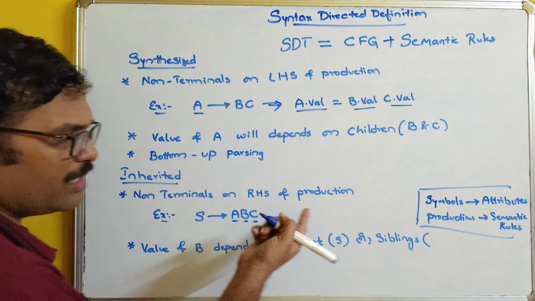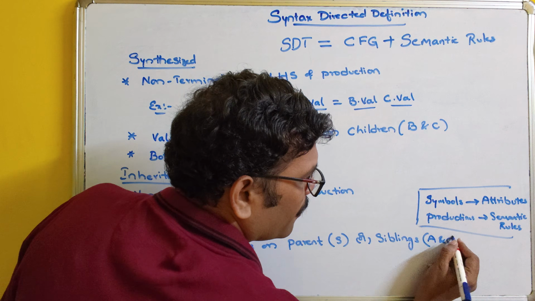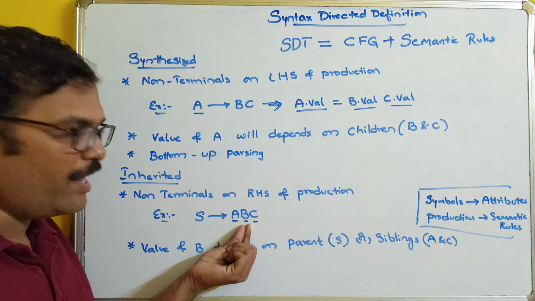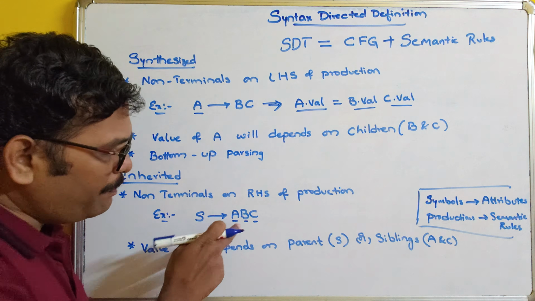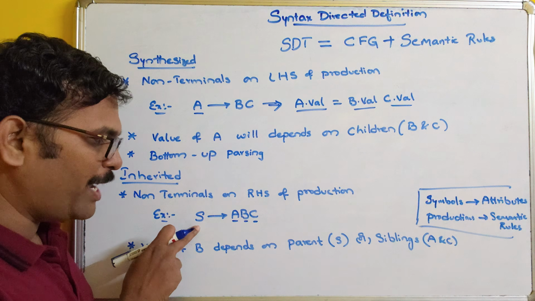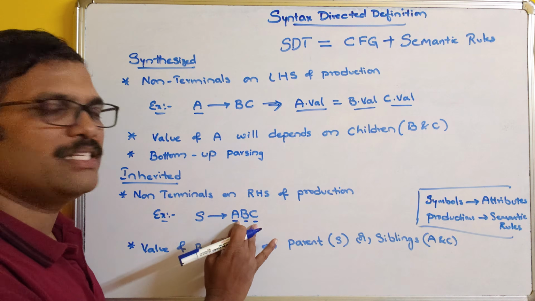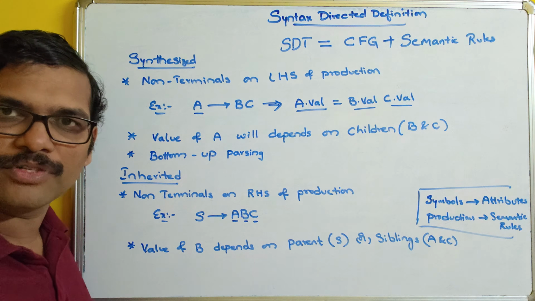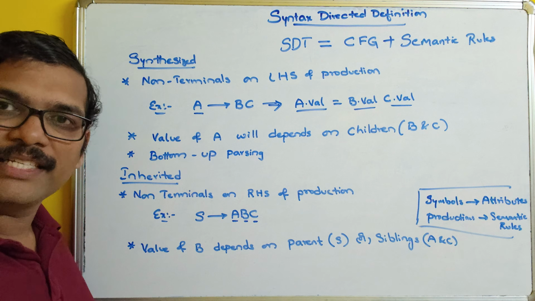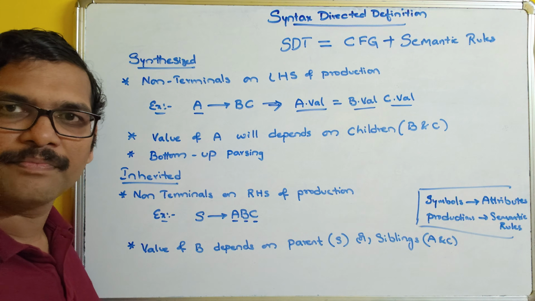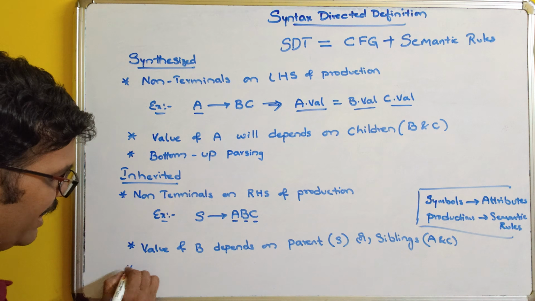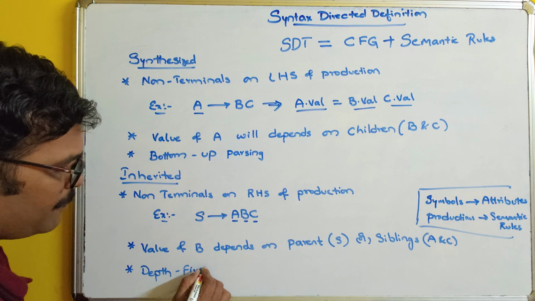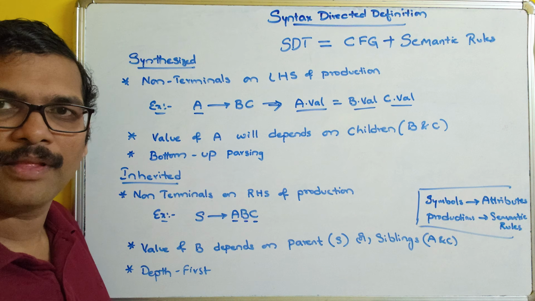For B, A and C. So if you want to calculate the attribute value of B, it depends upon the parent or the siblings A and C. Such attributes we call inherited attributes, and usually they follow depth first parsing.